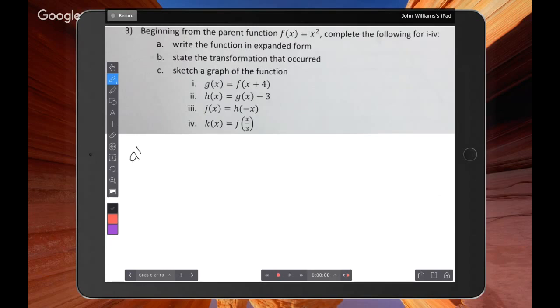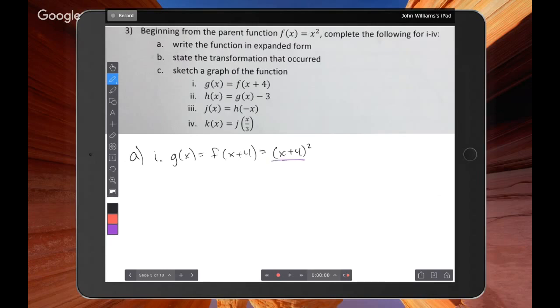So A, on I get f of x. Let's write it out so we're clear. g of x equals f of x plus 4, which equals x plus 4 squared.